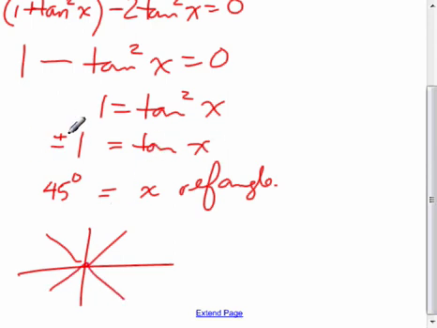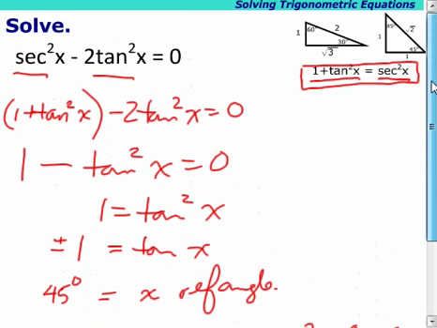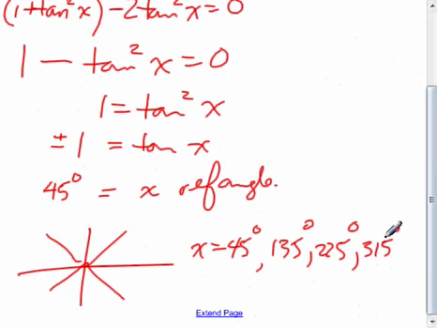And tan x can be positive or negative, therefore all four of those angles are in. So my angle then would be 45 degrees, or 135 degrees, or 225, or 315 degrees, which I could convert to radians if they asked me to. It didn't state in here, so I'm leaving them as degrees.